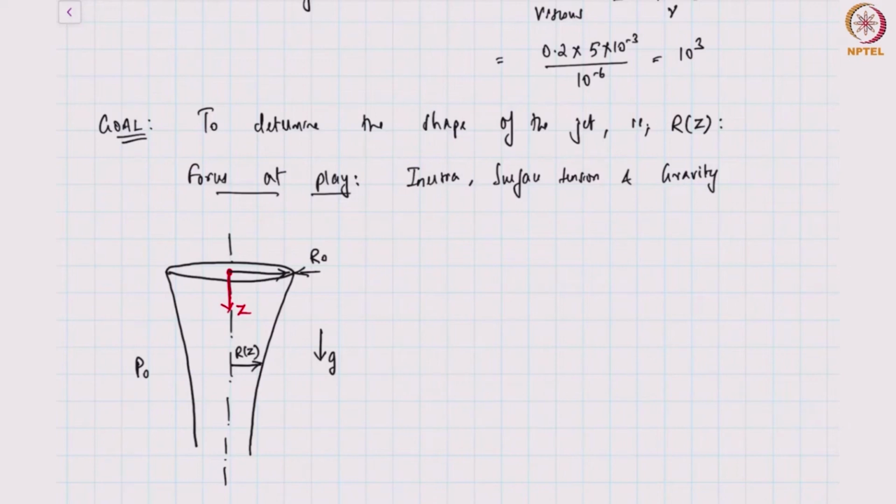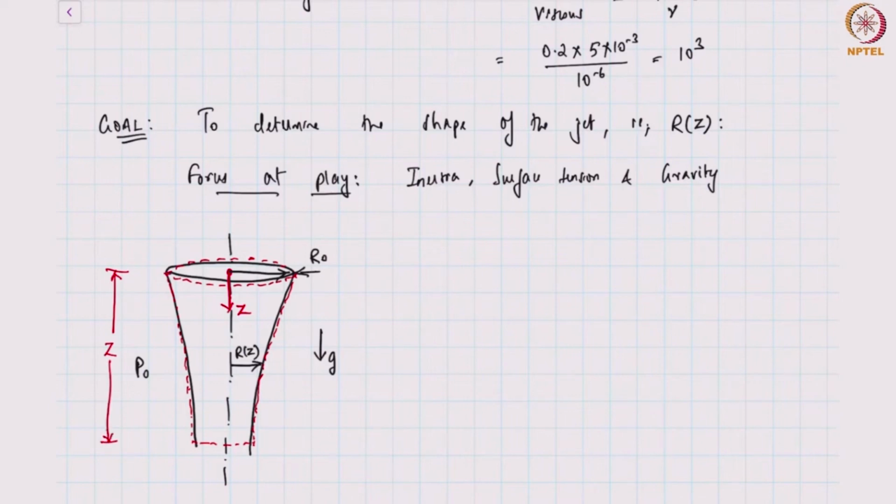Let's consider a small control volume. I'm trying to show this control volume using a dashed red boundary. This is my control volume, and this control volume is of height z.